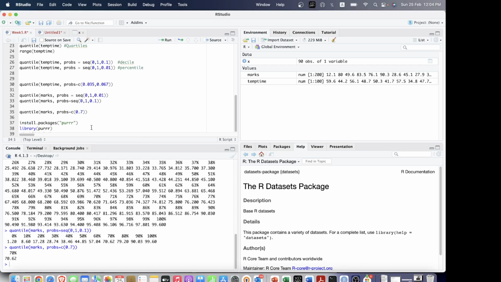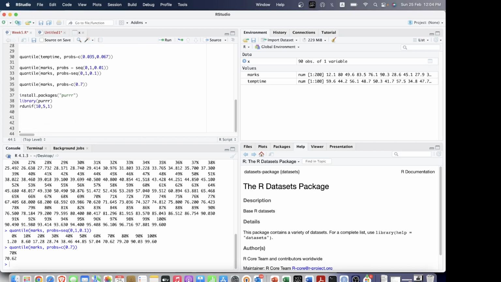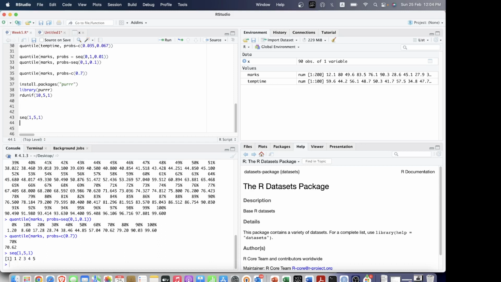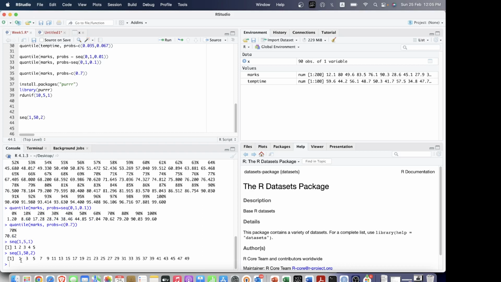See, what this sequence command is doing: if I give sequence 1 to 5 and difference 1, it is going to generate a sequence of 1 to 5. If I give a sequence command 1 to 50, difference equal to 2, then it is going to generate a sequence where the difference between consecutive terms will be 2.